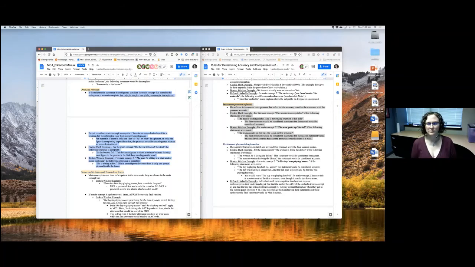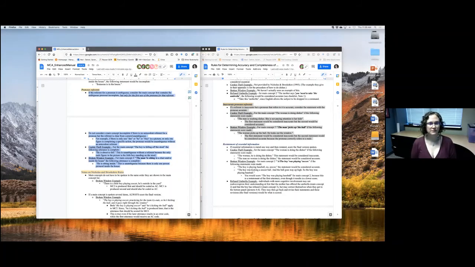For the Kong scoring system, this becomes even more important if you're having this disagreement or if you're not sure how to resolve this, because an AI for the Kong is 2 points, so an AI is accurate, incomplete, whereas an IC, which is an inaccurate, complete, is 1 point. And so if you're not making this decision correctly about the pronouns, then it can cause a difference in the actual points assigned if you're looking at the main concept composite score.